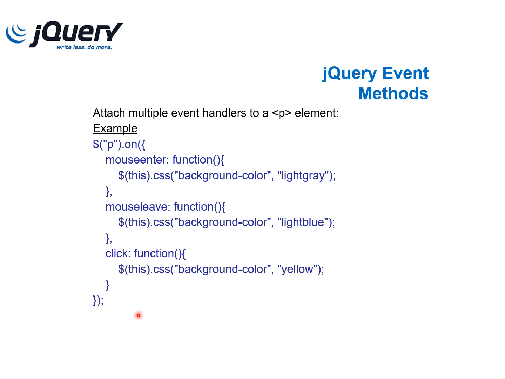If a click occurs on a paragraph, then $(this).css background color yellow. If a click happens on a paragraph, its background color is changed to yellow. So here the on function is used for adding multiple event methods to a single HTML element.